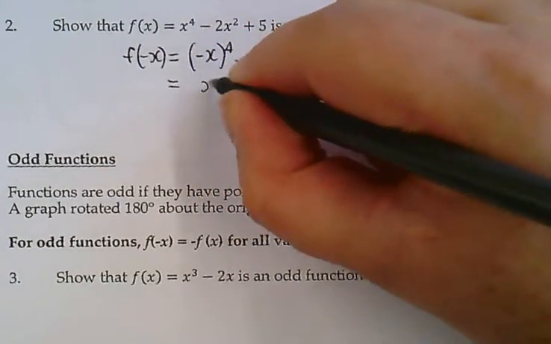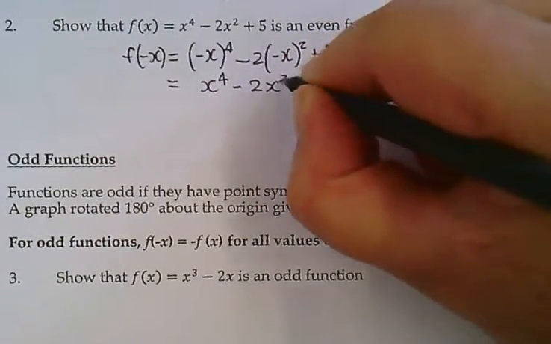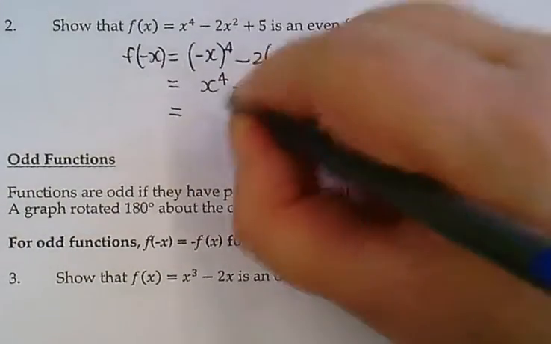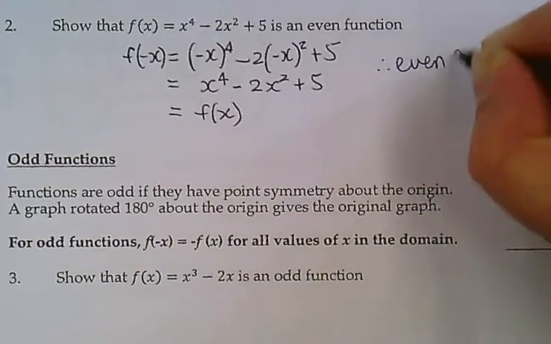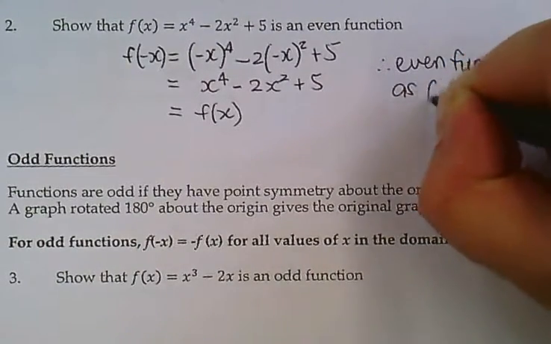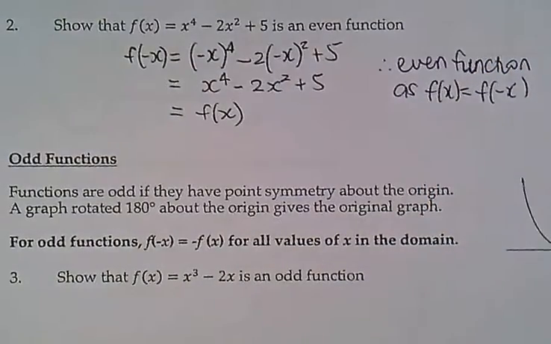Now negative x to the power of 4 is x to the power of 4 minus 2. Negative x squared is just x squared plus 5. So that is identical to function of x. So therefore, again, this is an even function as function of x equals function of negative x.